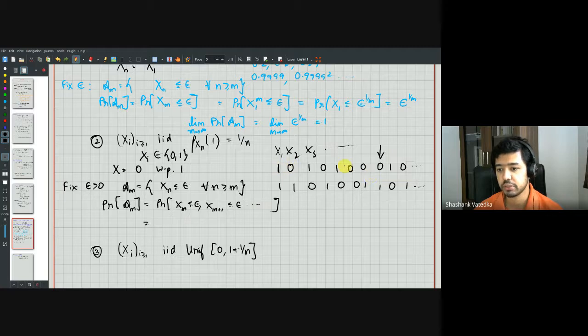This is one realization, this is another realization, and I could have a third. There are infinitely many realizations. But suppose that I fix this particular location, what is the probability that to the right of this location, all these numbers are less than or equal to epsilon?